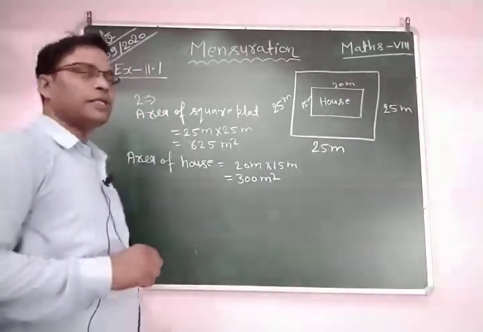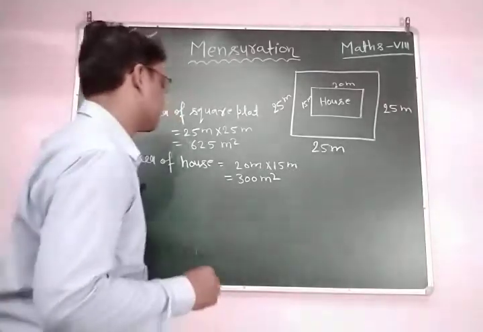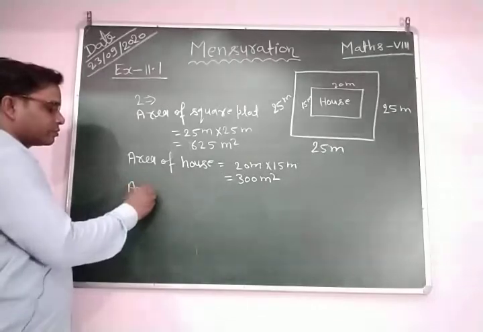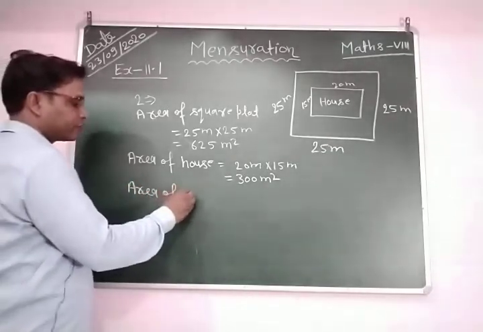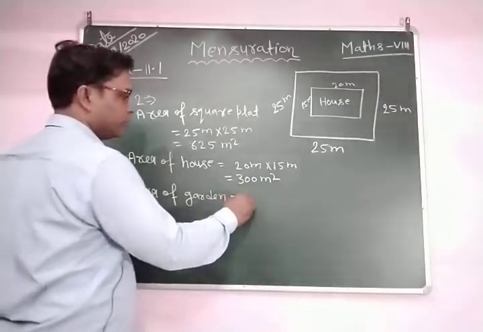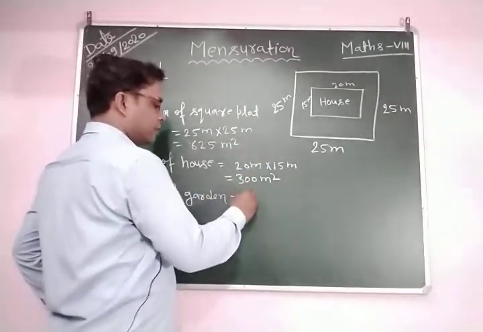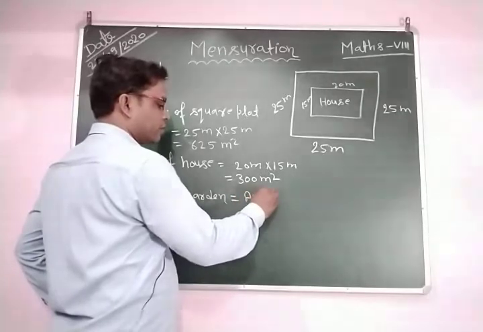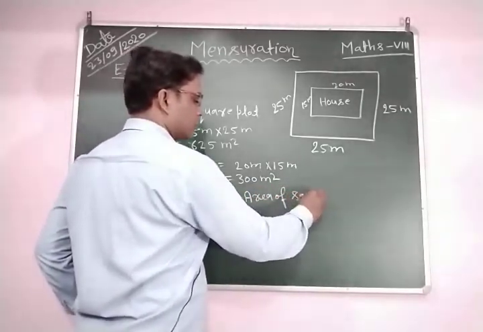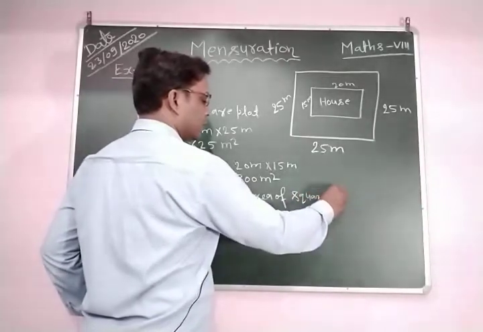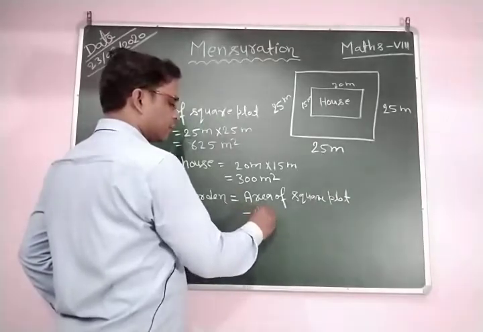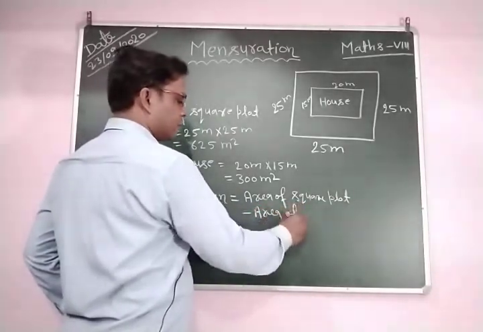After this, you need to find the area of the garden. Area of garden is equal to area of square plot minus area of house.